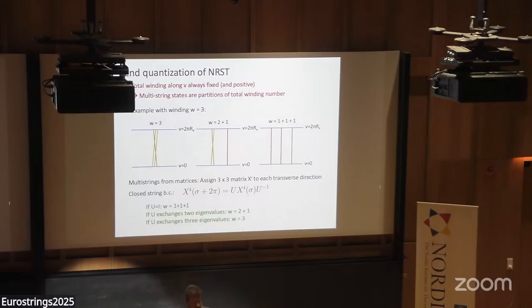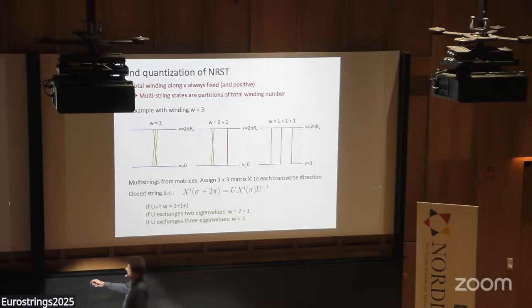non-relativistic string theory, because an interesting thing with non-relativistic string theory is that if you consider multi-string states in the limit, you can convince yourself that since all the strings are parallel to a particular direction on which there's a winding number, and since this winding number has to be fixed, the multi-string states are actually partitions of this winding number.